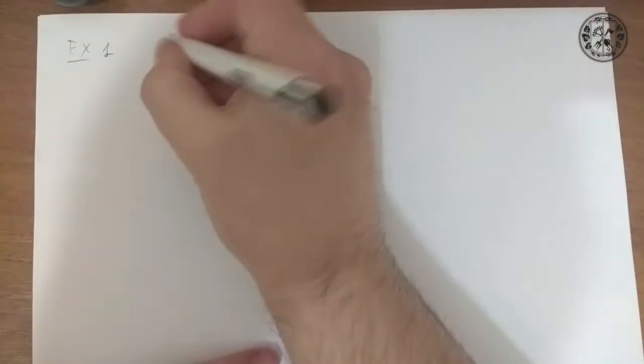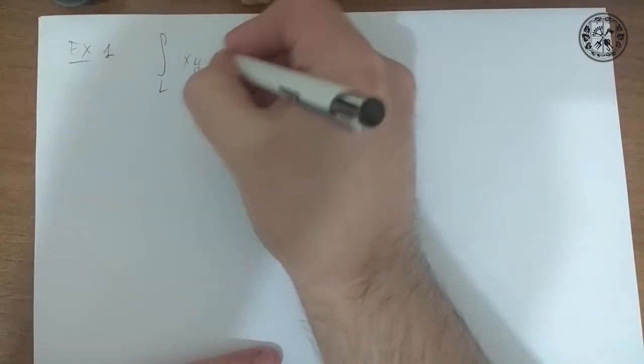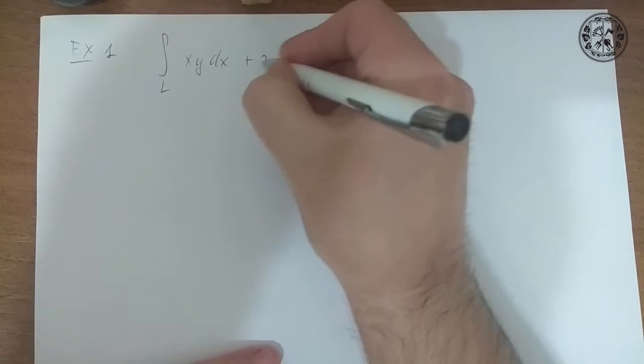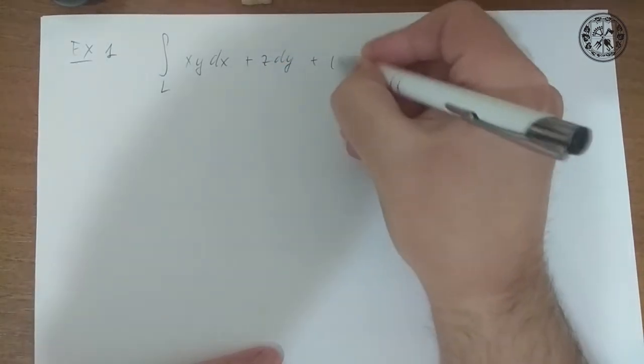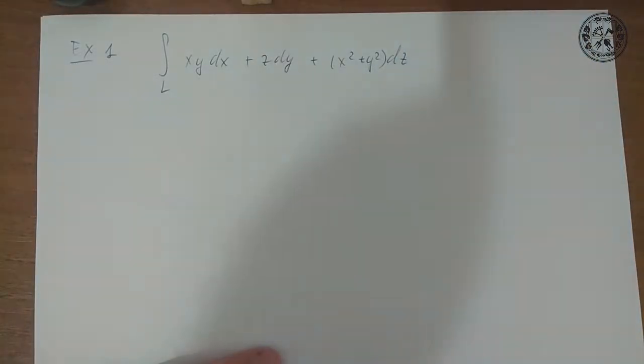Let's provide some examples for calculation of line integral of second kind. Example 1. We need to calculate the integral over L of xy dx plus z dy plus (x squared plus y squared) dz.